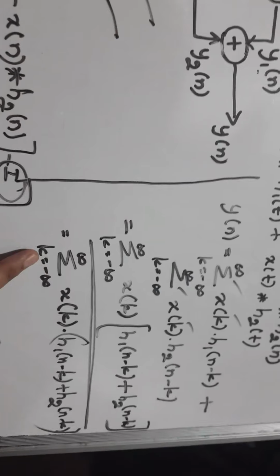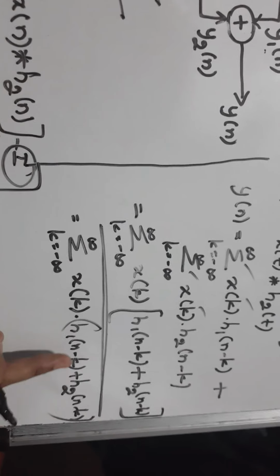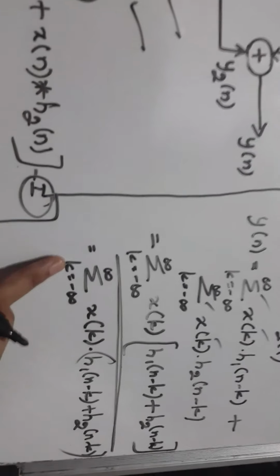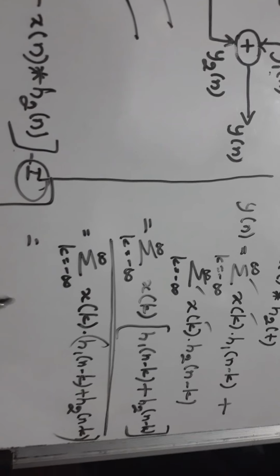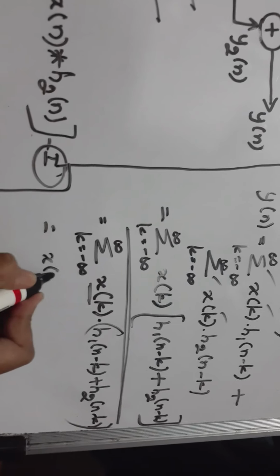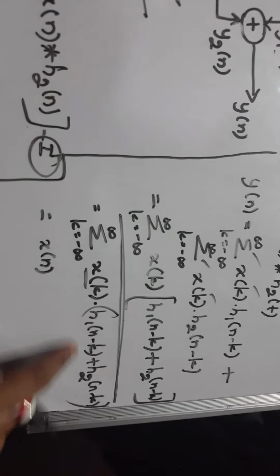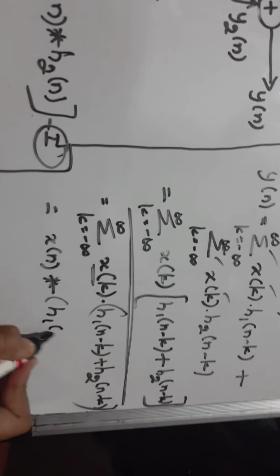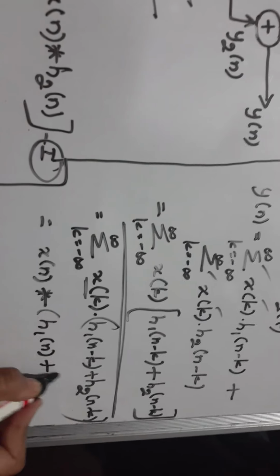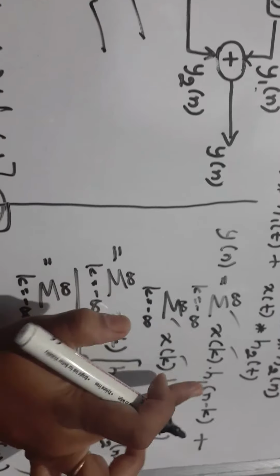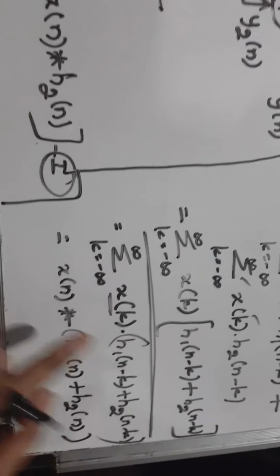But the second signal is a combination of two different signals, h1 and h2. So can we write this in terms of convolution? This is equal to first signal x of n convolved with the second signal, h1 of n plus h2 of n. Just like how convolution is defined in formula, the formula is defined in convolution.